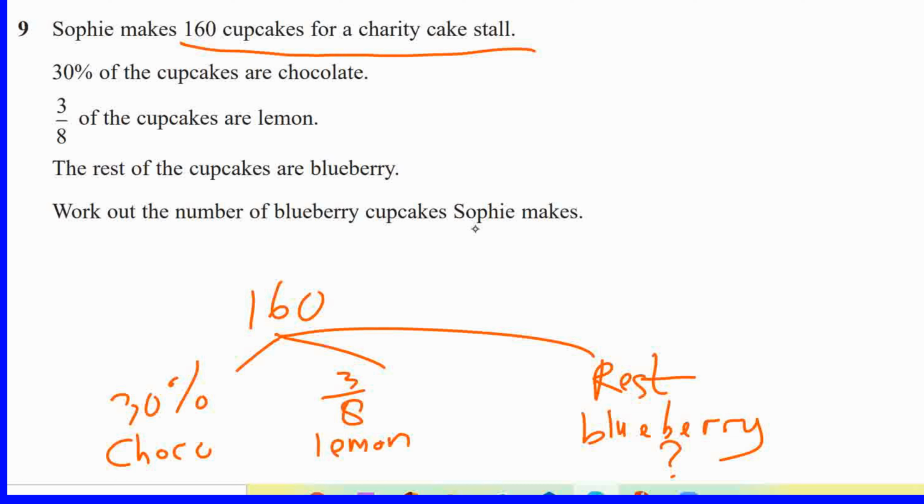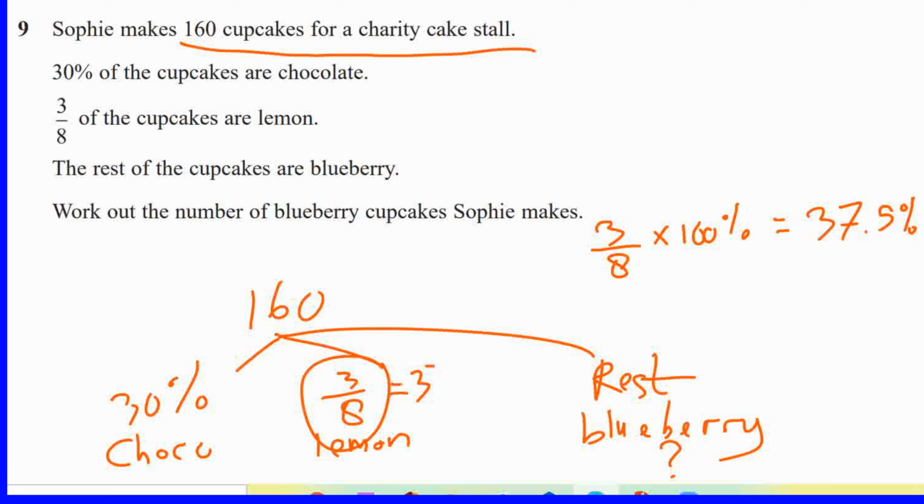Because this is a fraction, this is a percentage. We can make 3/8 into a percentage. The percentage is 3/8 times 100%. Let's count with calculator, 37.5%.